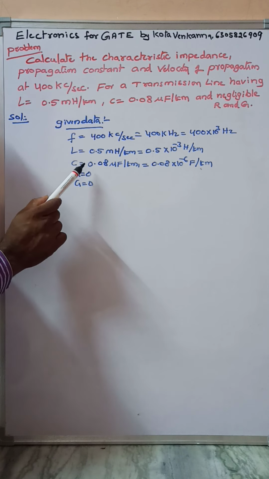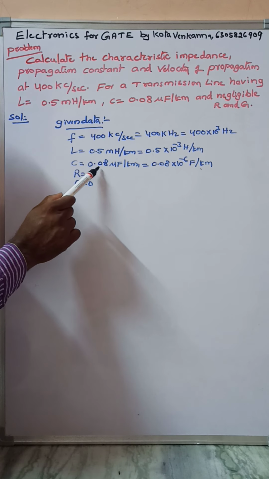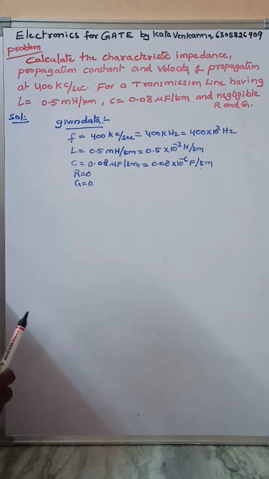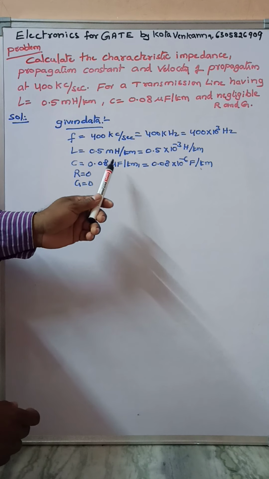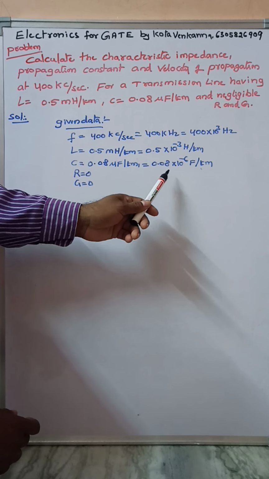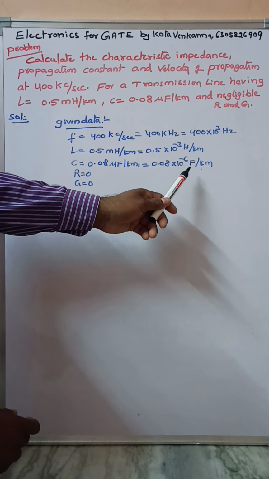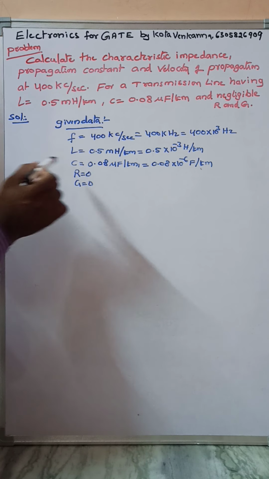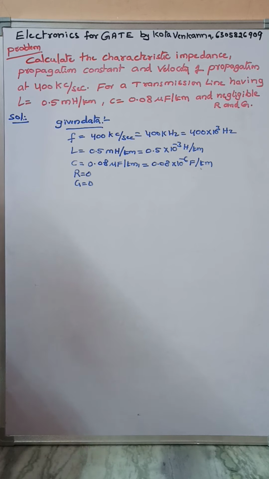Capacitance C is equal to 0.08 microfarad per kilometer, converted into farad, 0.08 into 10 power minus 6 farad per kilometer. And R is equal to 0 and G is equal to 0. So this is the given data.